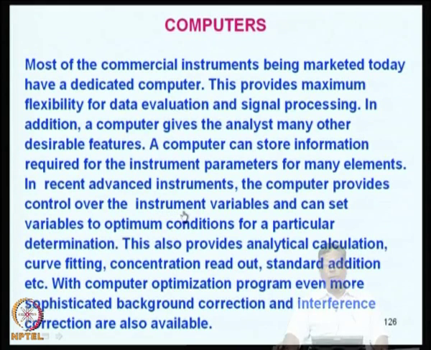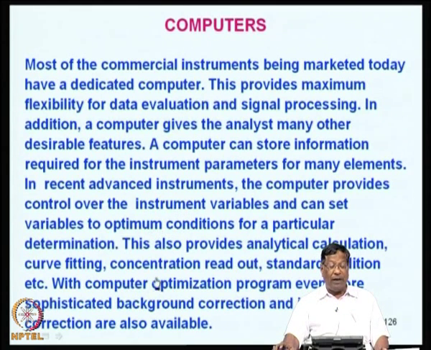For example, if you want 324.7 nanometers, you can just enter it in the computer, simply type 324.7, and it will use a stepper motor and move the wavelength to that value. So, such process variables and conditions can be set by the computer.